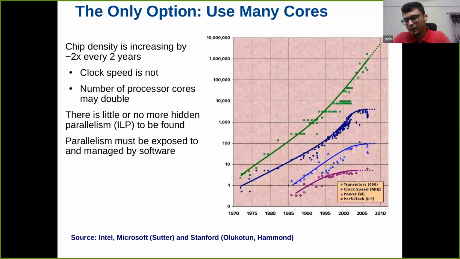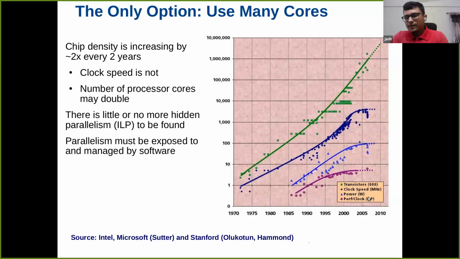We can't increase the clock speed beyond a particular limit. Similarly, the power consumption at the core was also increasing, so we can't just keep on going. It will also hit a plateau, because it will consume power beyond permissible limits.